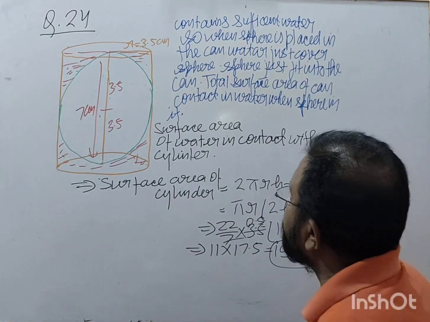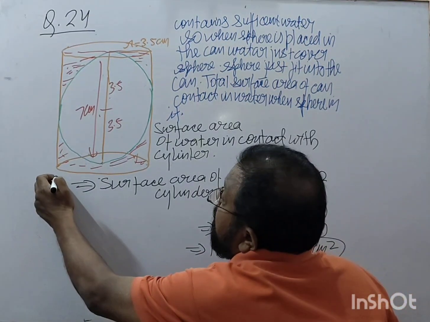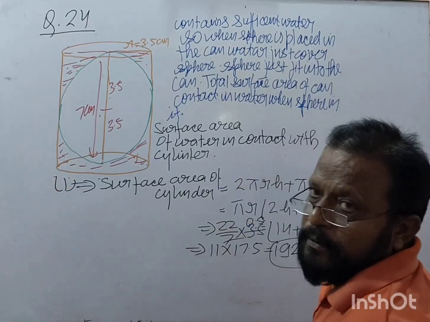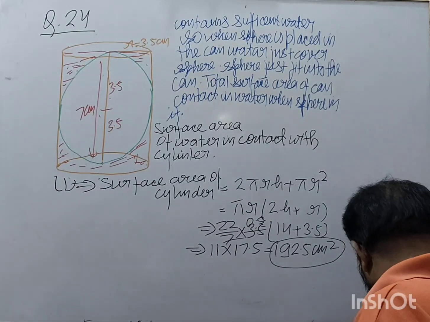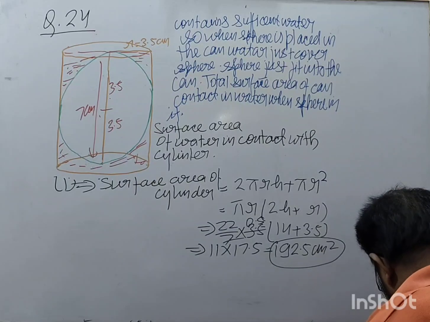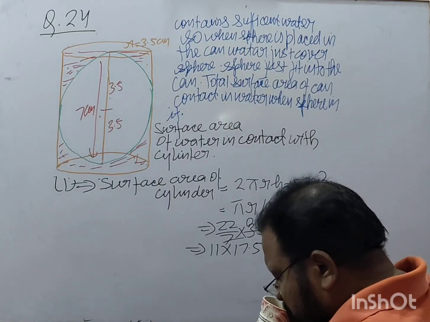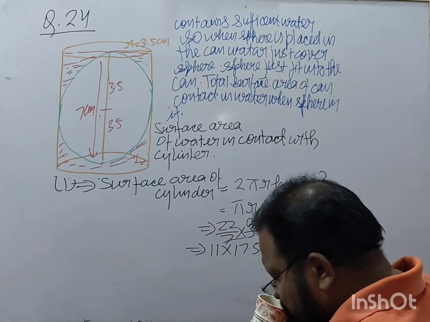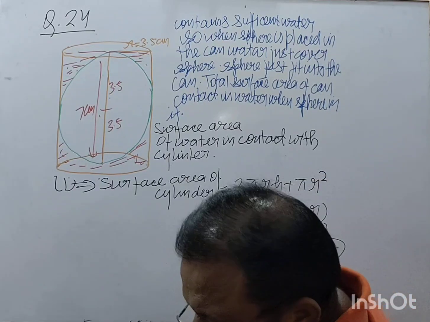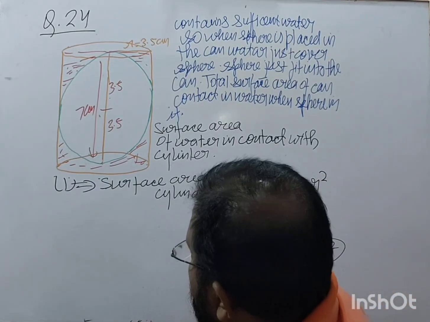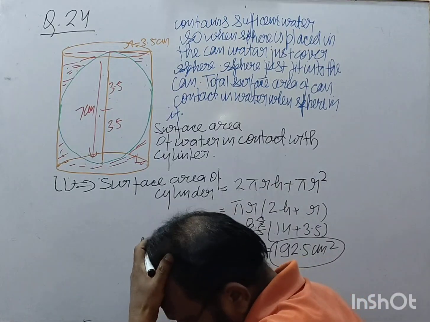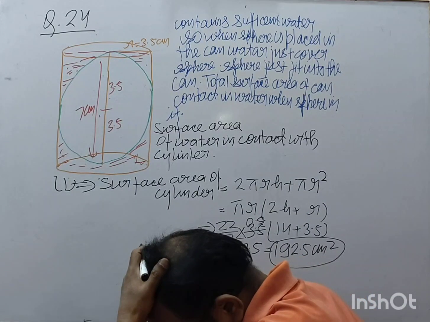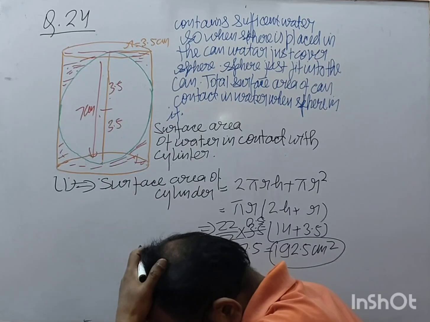We have got the first part done. What is the second part? The depth of the water in the can before the sphere was put into the can. Give your answer as a proper fraction.